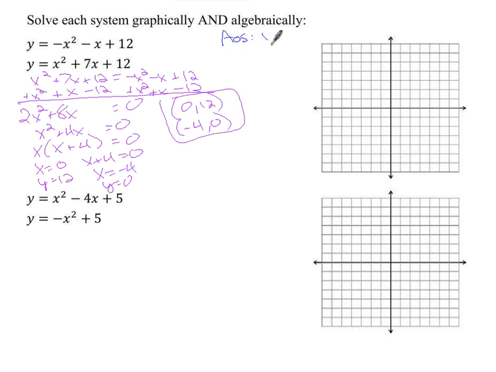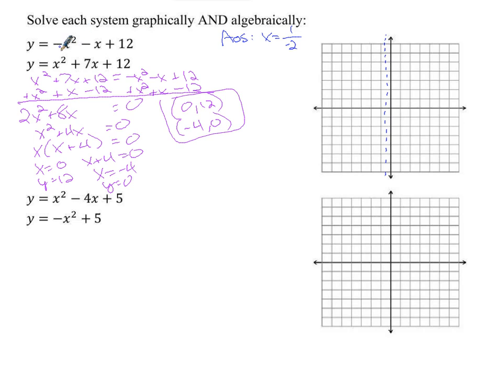AOS is x equals negative b over 2a. So negative 1, which is just 1 over 2 times negative 1, which is negative 2. So the axis of symmetry is x equals negative 1/2. Put it in there. Then I just got to take negative 1/2 and plug it into my equation here to get my vertex. So negative 1/2 squared is positive 1/4, but make it negative.